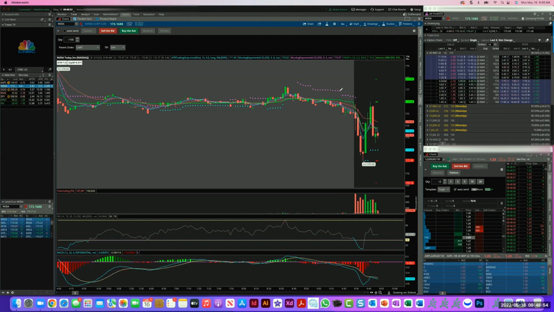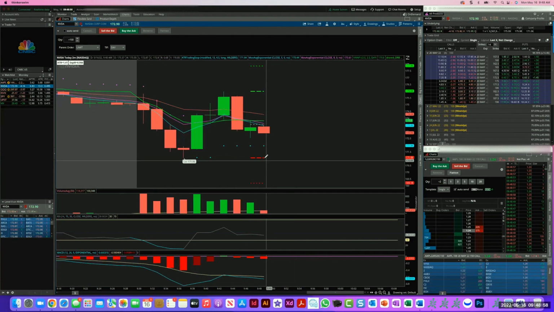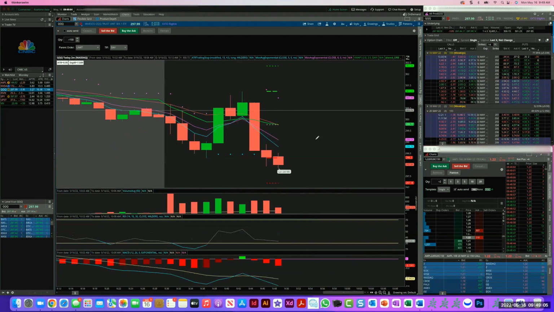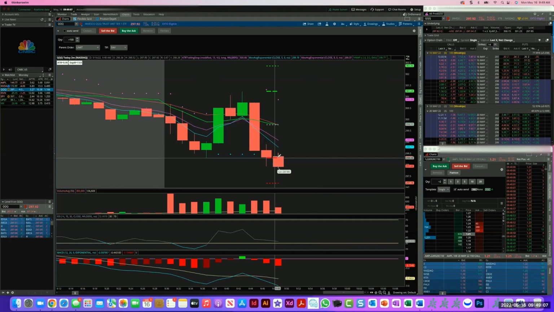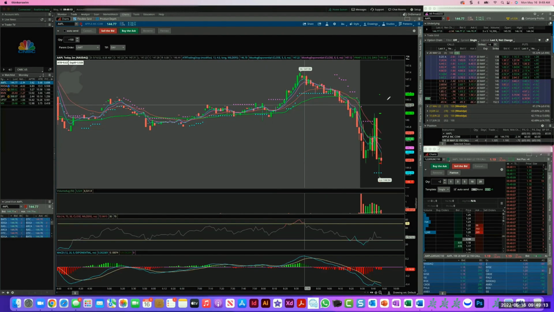And it will do that for everything in my watch list. So if I go here, you see the same thing with NVIDIA, for example, with the Qs. And the Qs are bearish. So you enter a trade here to the downside on the Qs, which may indicate that Apple is going to break down.